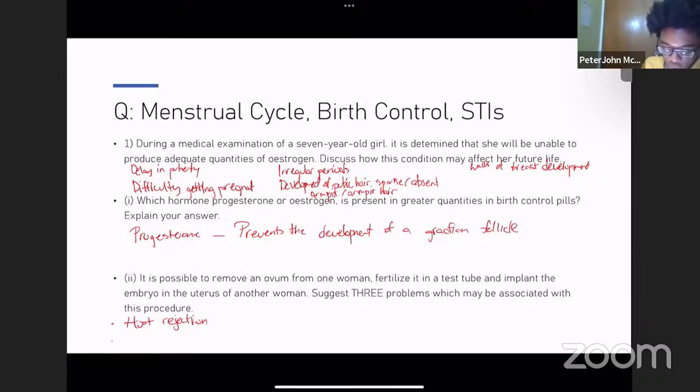Post rejection. I would maybe say insufficient hormonal level. That's what I would say, because you need hormones to maintain your pregnancy. Anything else?